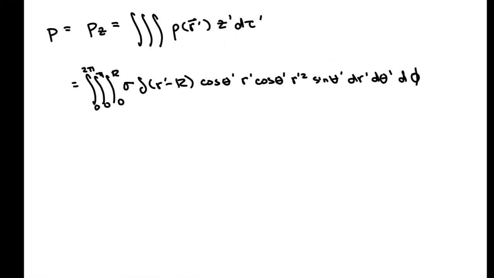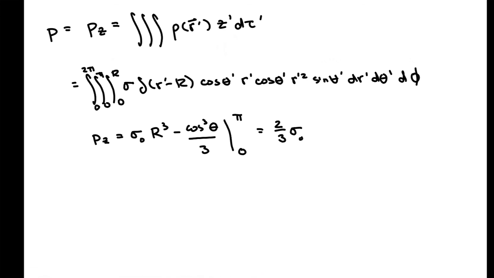You can do it yourself. You can stick it into Mathematica, whatever you like. But you end up getting sigma naught, the constant in the charge density formula, times r to the third, times minus cosine cubed theta divided by 3, evaluated at the limits of theta, which are pi and 0. When you plug all that in, you get 2/3 sigma naught times r to the third.